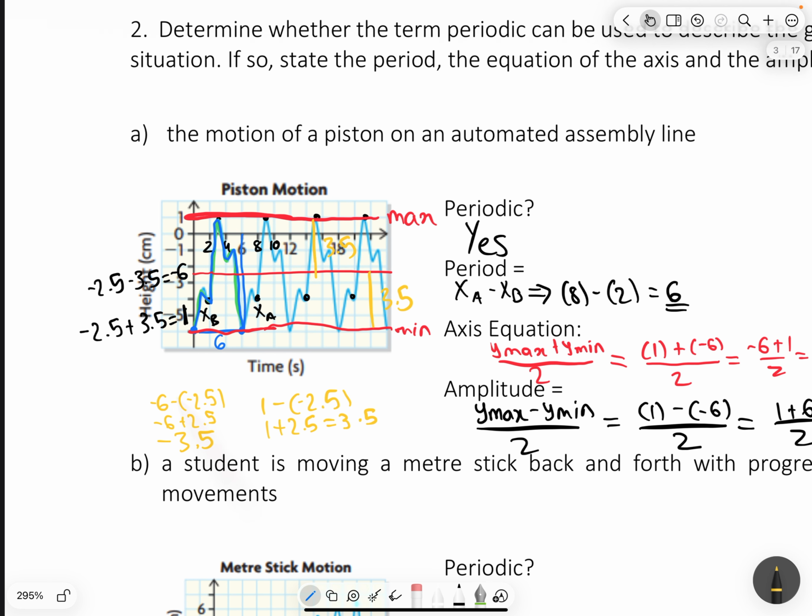You subtract here because you're finding the difference. I'm gonna repeat this as many times as I need to make it clear to you guys. You're subtracting here because the amplitude is a difference from the maximum value, or the minimum value, to the axis equation.